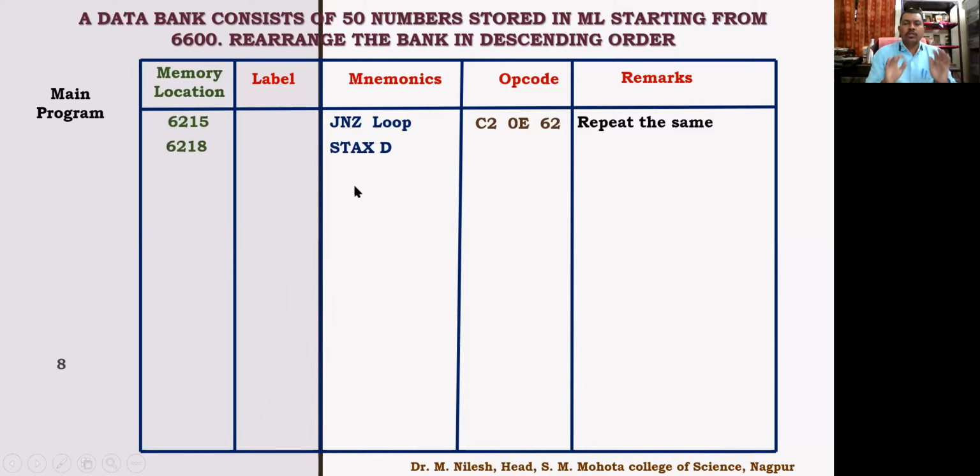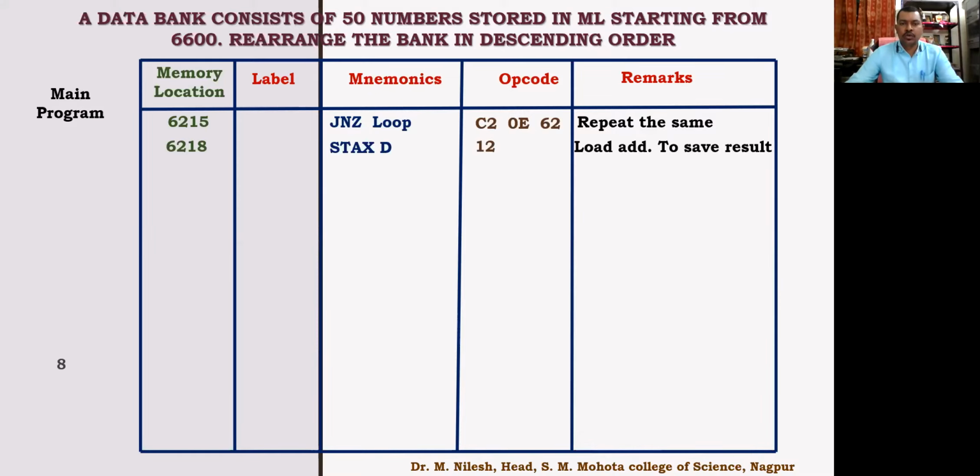And now we have found the smallest number and store the smallest number to the memory location which is given by the register pair DE. So STAX D is the instruction where we directly store the contents of the accumulator in the memory location whose address is being specified in register pair DE. Right. So this is done over there.